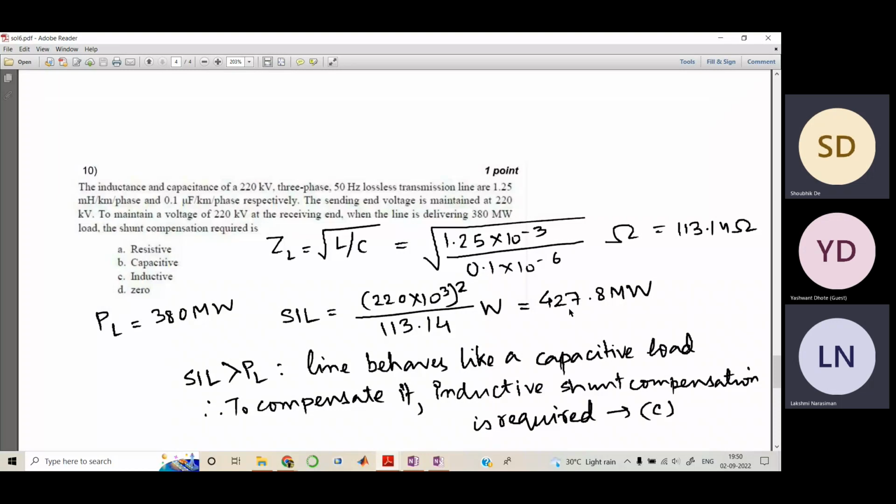Don't we do it for the long line model, or does the power system analysis generally treat everything as a pi model only? Whatever derivation is given for Gauss Seidel as well as Newton Raphson considers the y by 2 on both sides, the pi model only. So why aren't we considering the long line and other models? Is there any model for it?